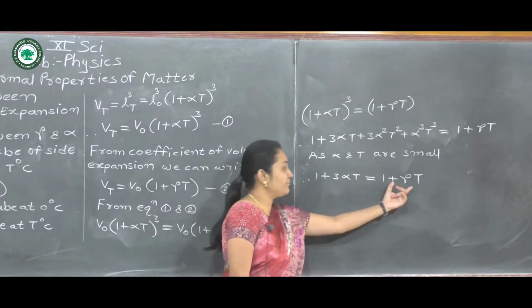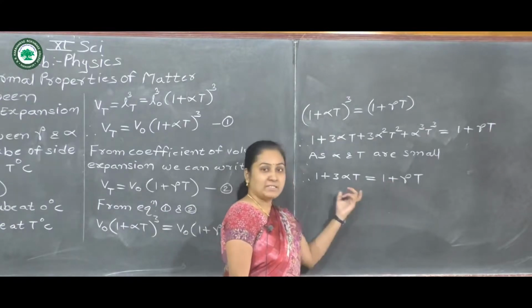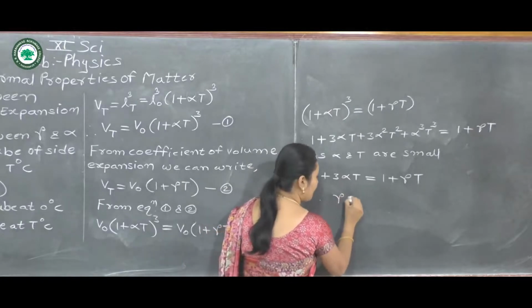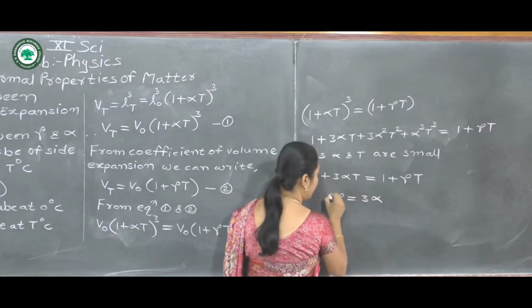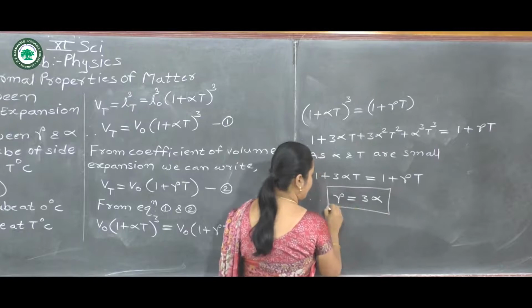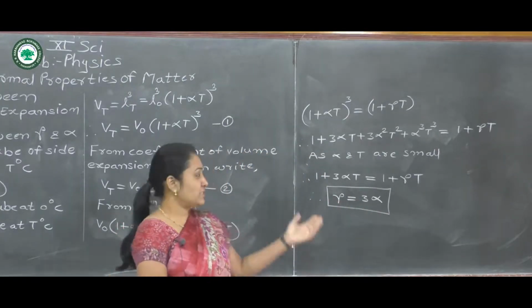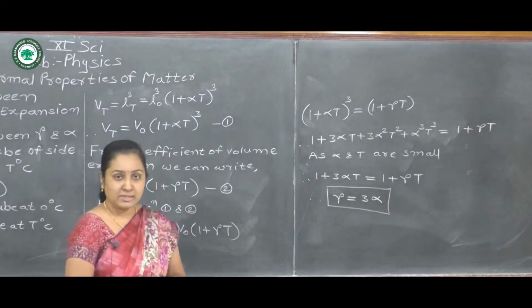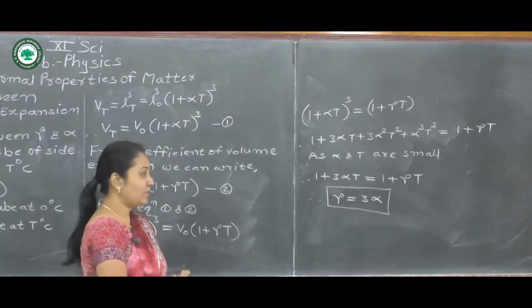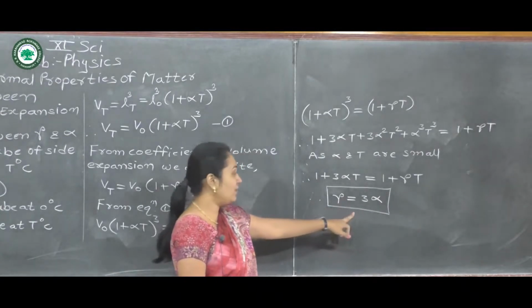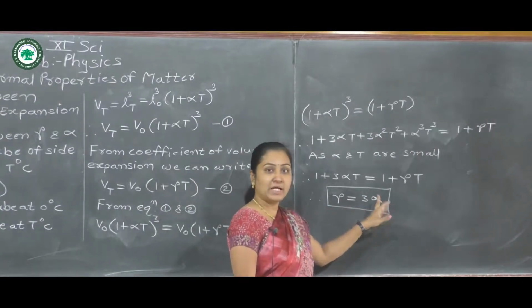Now by comparing LHS and RHS we can write gamma is equal to 3 alpha. So this equation gives us the relation between the coefficient of volume expansion and the coefficient of linear expansion.